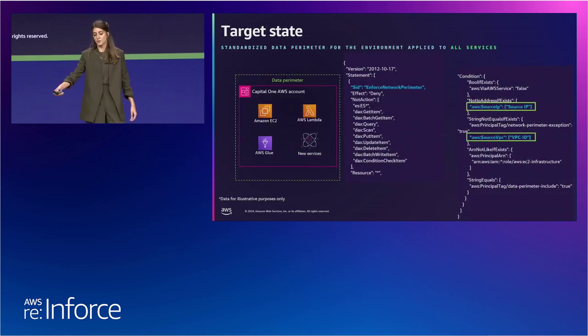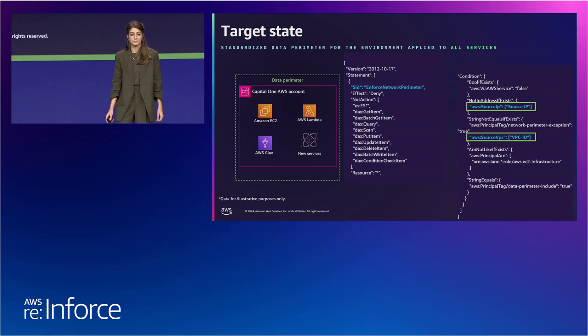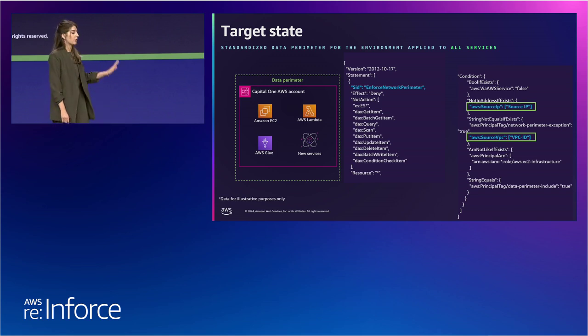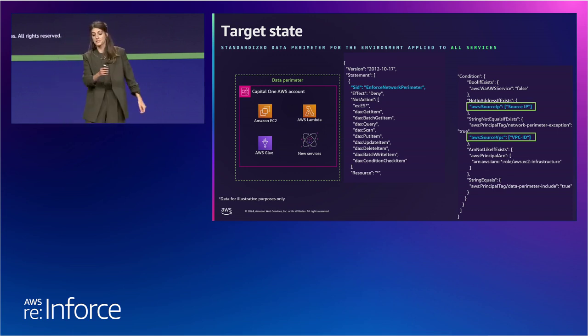In our case, the customer is the internal developers. So we honed in on creating a standardized data perimeter, and if you remember all of those individual policies that Chris was showing before with Lambda and Glue, some were nearly identical in some of their statements. We wanted to replace all of those with a single policy that would, again, apply to all services. On screen is an example of a data perimeter network restriction.